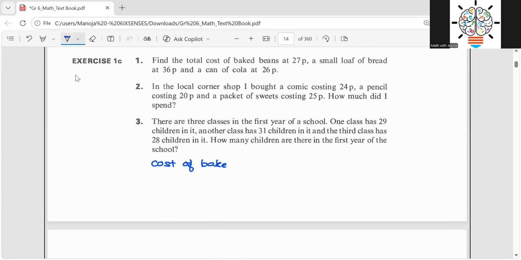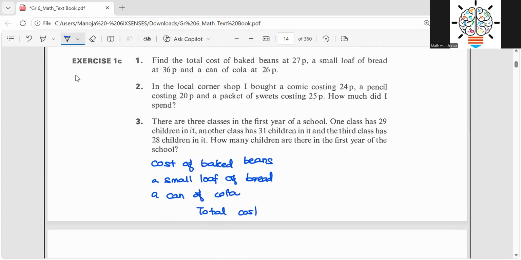Cost of baked beans. Then you write a small loaf of bread, and then a can of cola. Then you write the total cost, right?